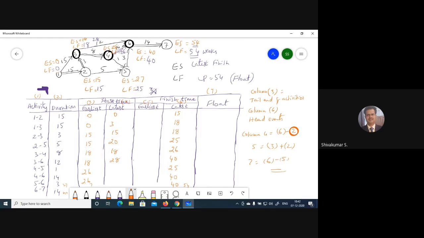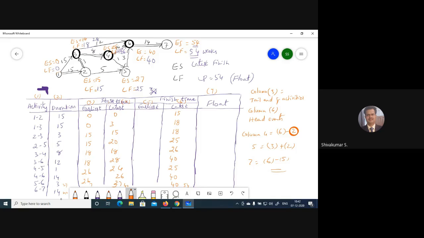Next, 25 minus 1, 24. Next, 40 minus 4, 36. 40 minus 3, 37. Next, 54 minus 14 is 40. Okay, 40 minus 37. And lastly, 54 minus 14, 40.